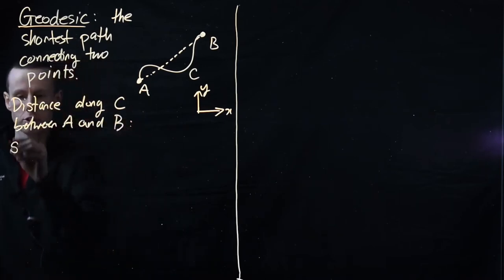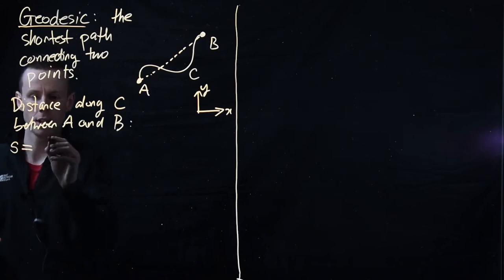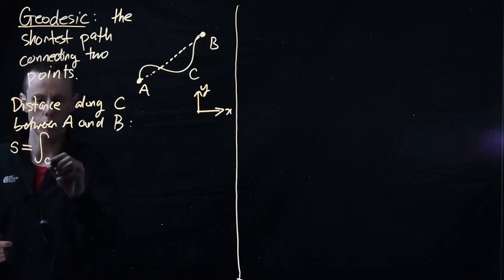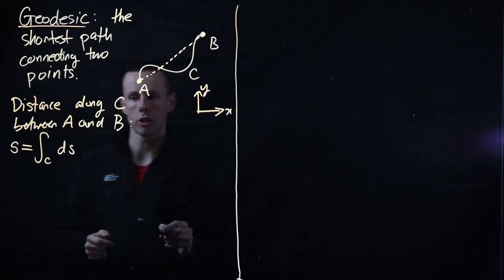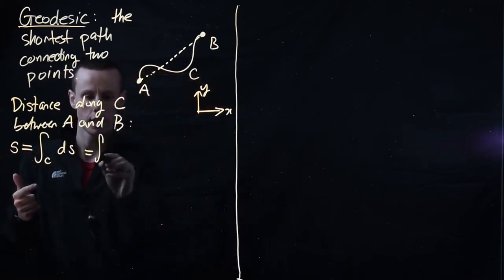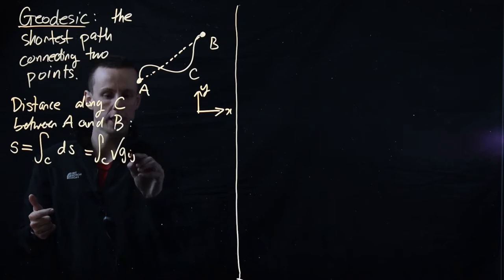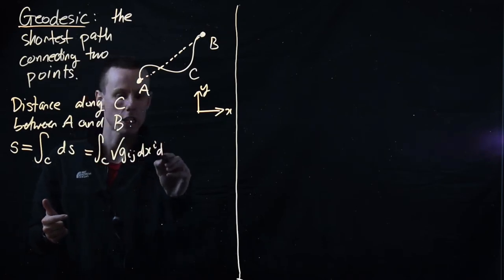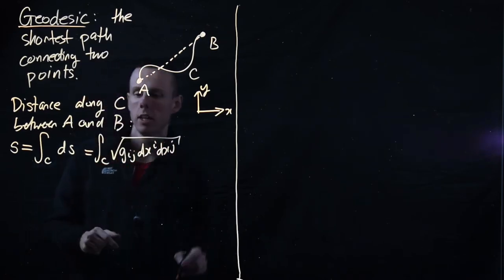We call the distance little s, and remember, it's the integral of ds along the curve. So it's just a line integral. And remember that ds is just the square root of g_ij dx^i dx^j.